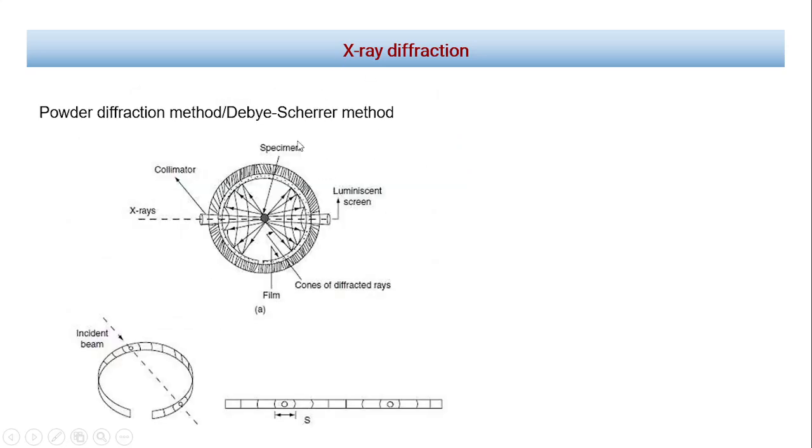And then we have the powder method, where we get these conical patterns on the camera film, and from this we see the intensity of diffracted beams at different theta, corresponding to which plane it is.